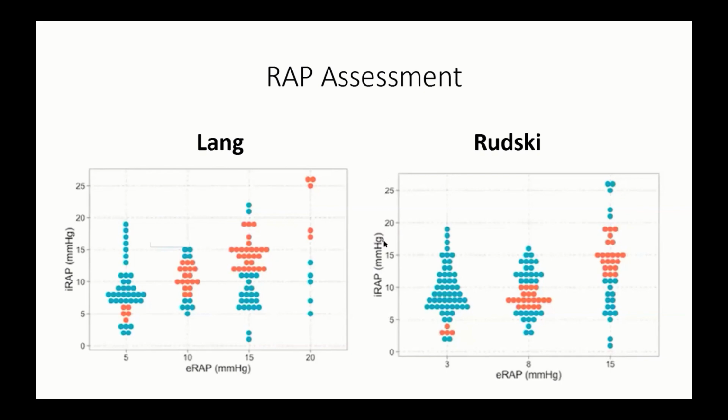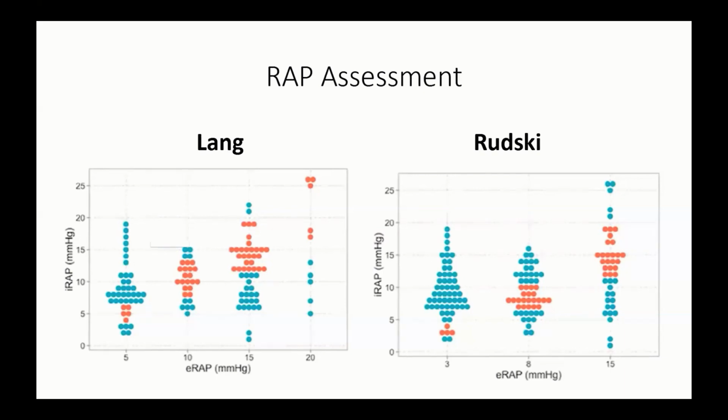On the y-axis is the invasive right atrial measurement, and on the x-axis is the estimate from the echo. And only 34% of the measurements done by echo were in the range that was acceptable, comparing those two right atrial pressure measurements. So there is a problem, and the ASE hasn't come up with a way to combat this issue.